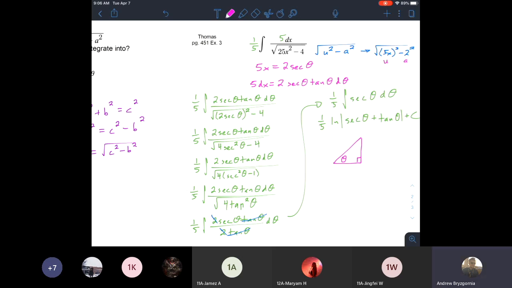So I'm going to take the 5x equals 2 secant theta, and rewrite that as 5x over 2, just to make it a little easier. I know 5 over 2x is the same thing, but because it is going to be hypotenuse over adjacent, that makes it a little simpler for us.